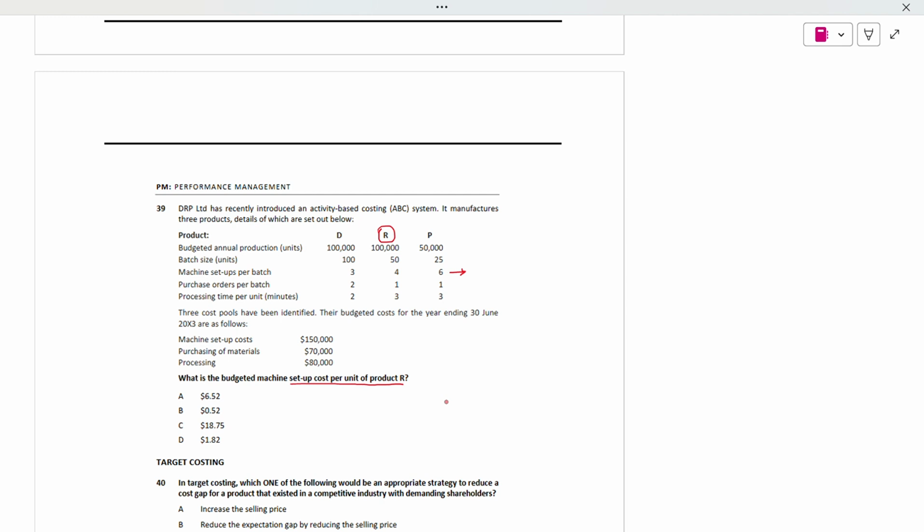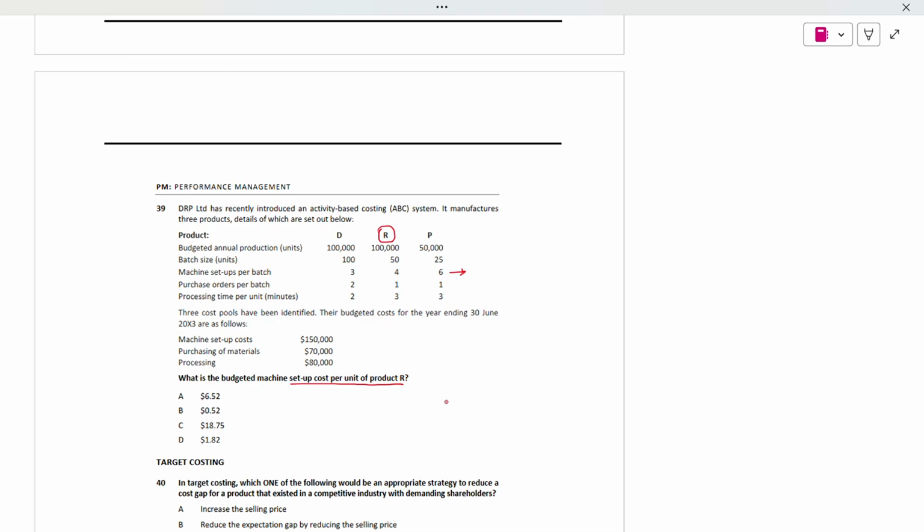Now, how much is the total setups? How much is the machine setups per batch? Batch is 100. Machine setup per batch is 3. How many units are there? 100,000 units.